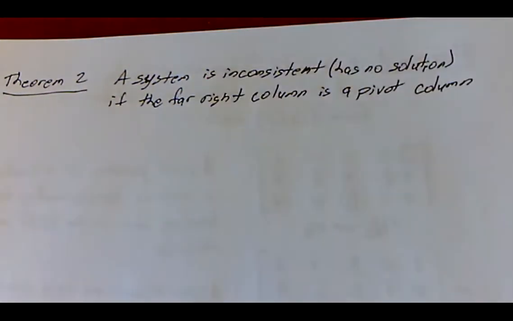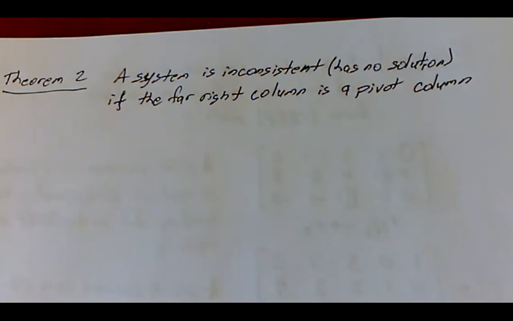Okay, the system is inconsistent or has no solution if the far right column is a pivot column, or if there's a pivot position in the far right column. Those mean the same thing.